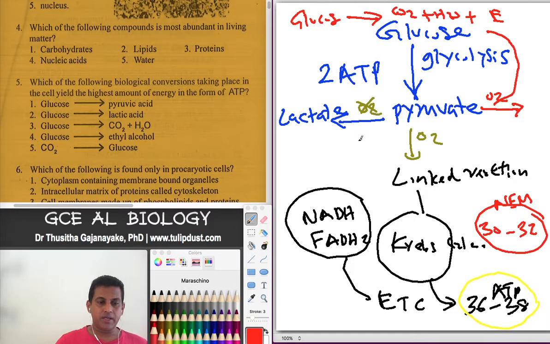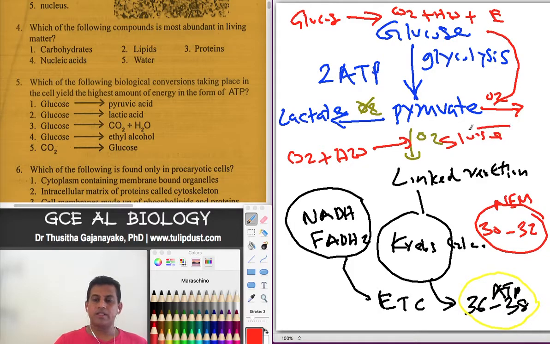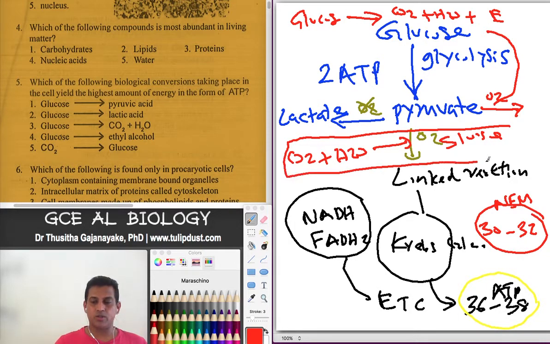The fifth one, carbon dioxide into glucose: carbon dioxide plus water gives glucose, and that is a photosynthesis reaction. Photosynthesis does not give the highest energy of the glucose; it makes light energy into ATP. So it's not the highest amount of energy produced. So the answer for this one is glucose into carbon dioxide and water.